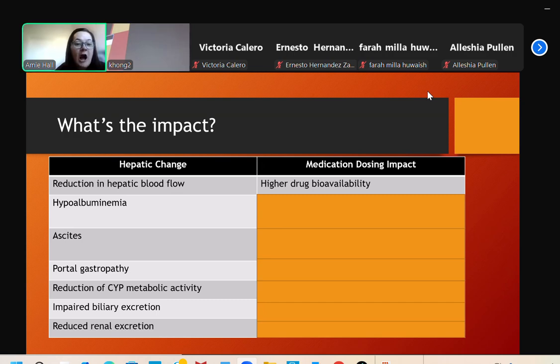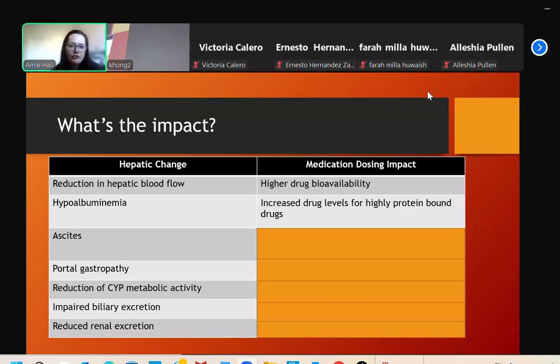So for drugs that are highly protein bound, they're going to go out of the bloodstream and look for protein. We're going to have increased drug levels for drugs that are highly protein bound, because there's not enough protein in the blood for them to bind to.